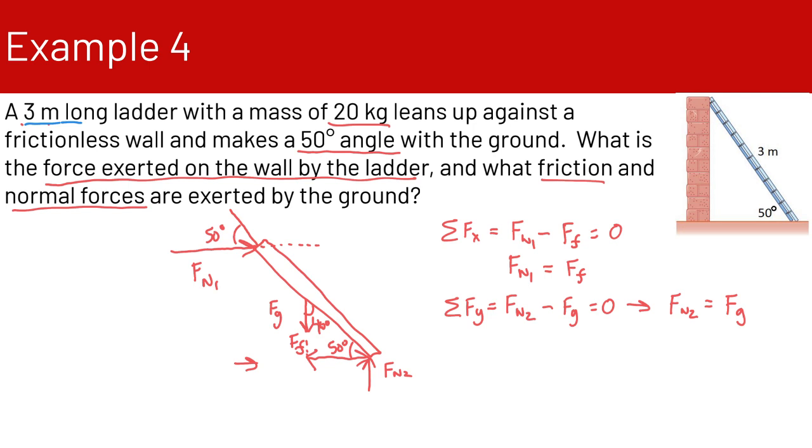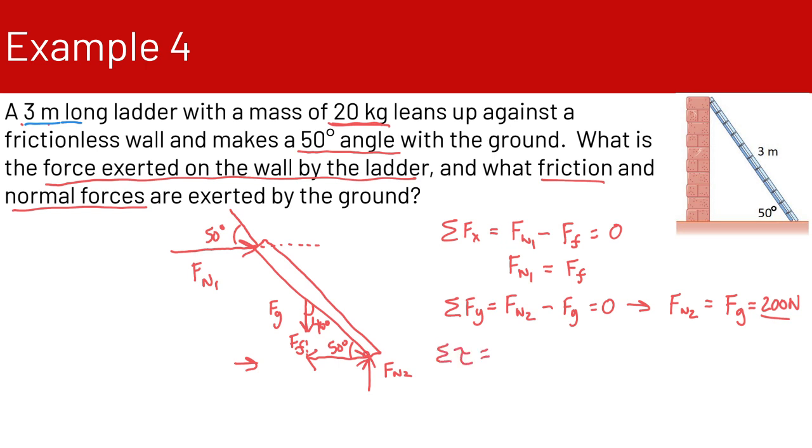And we know what that is. The ladder has a mass of 20 kilograms, so 20 times 10 newtons per kilogram. That gives us a force on the ladder of 200 newtons. So the normal force of the ladder on the ground is 200 newtons. Okay, now we have to use our sum of torques.